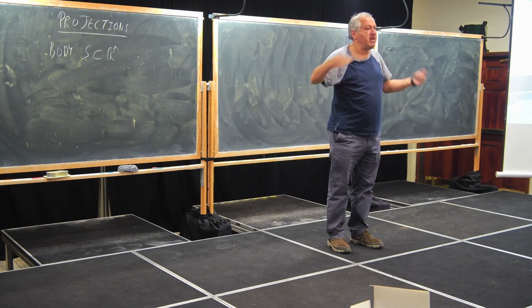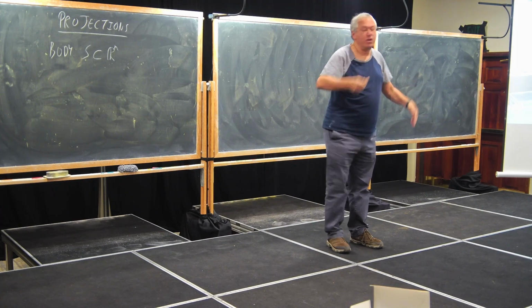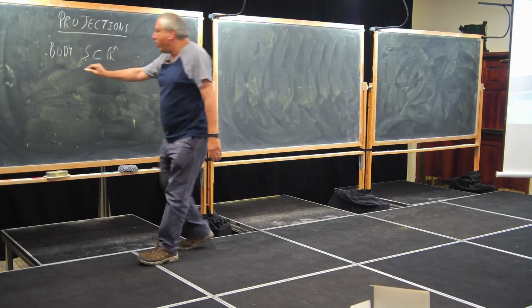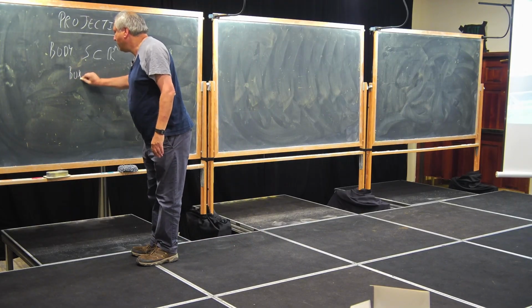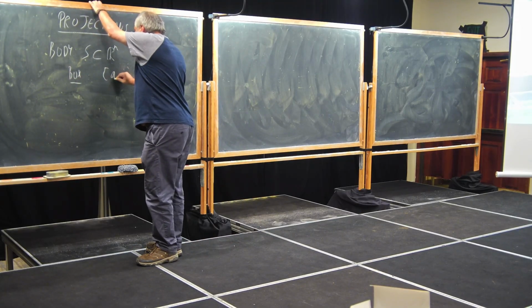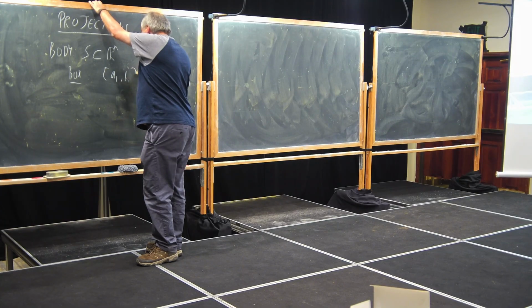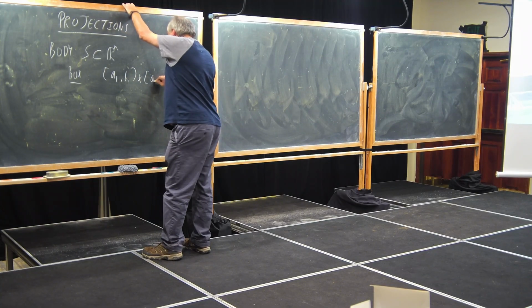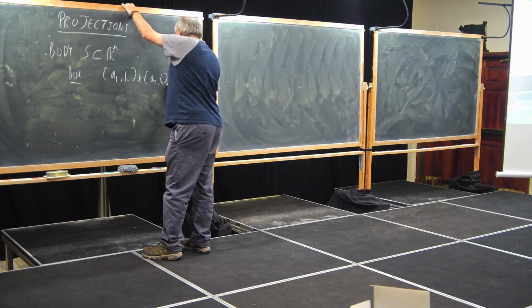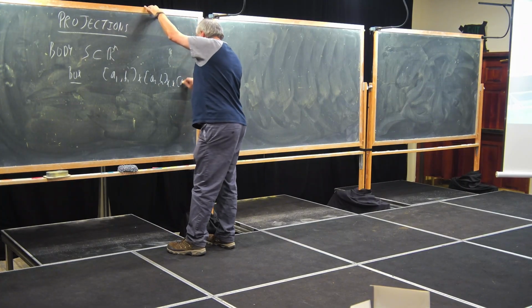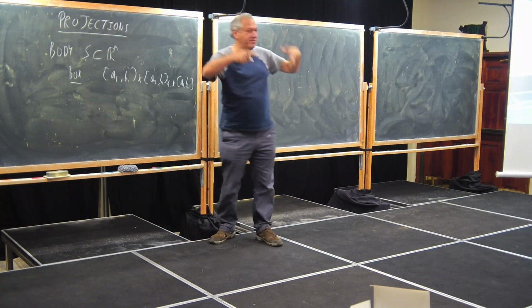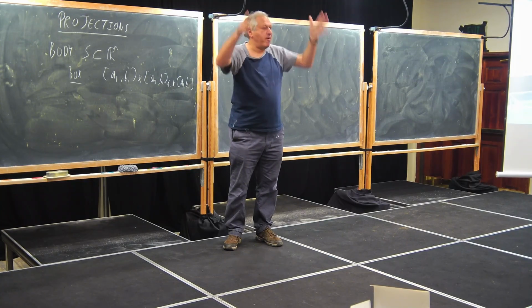By a box, I mean an axis parallel cuboid. So if I say a box, I mean a thing of the form [A1, B1] cross [A2, B2] cross up to [An, Bn]. That's what a box is, right? So an axis parallel cuboid.